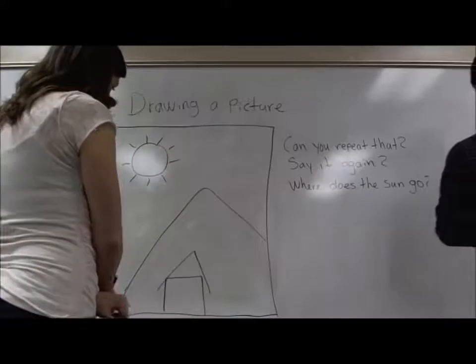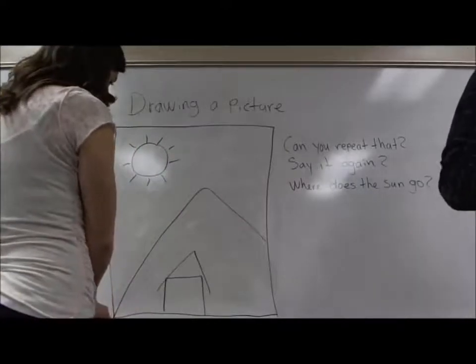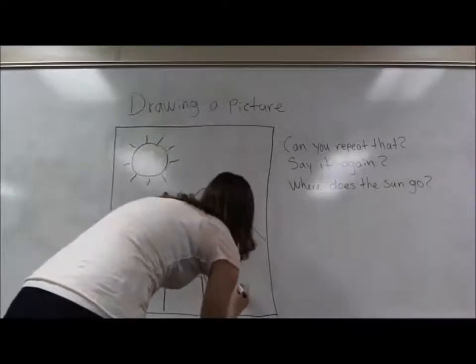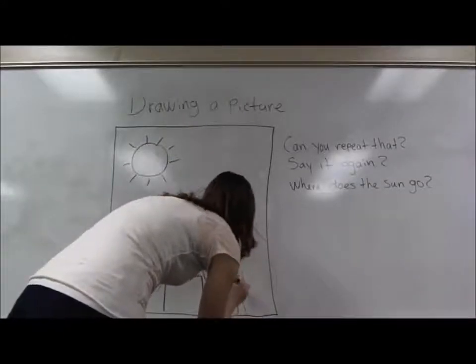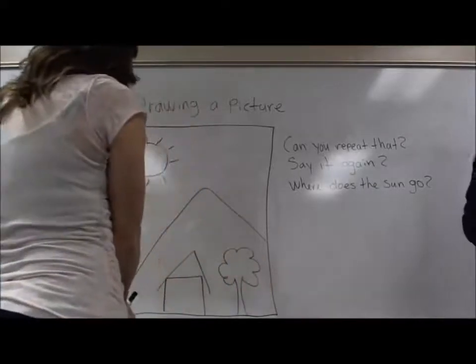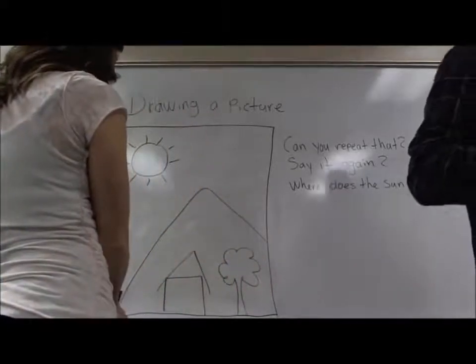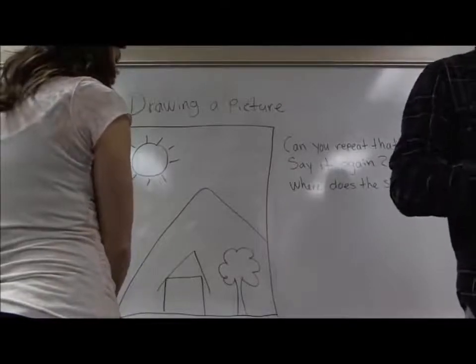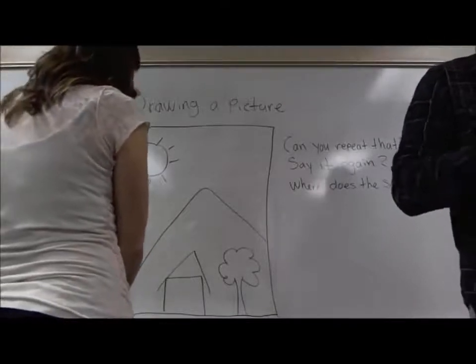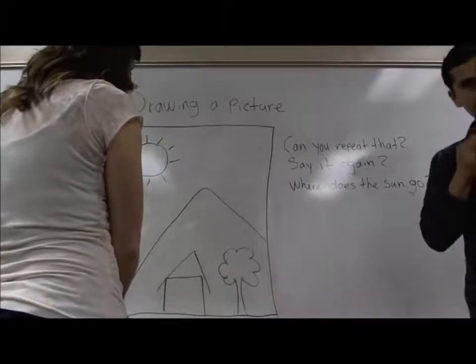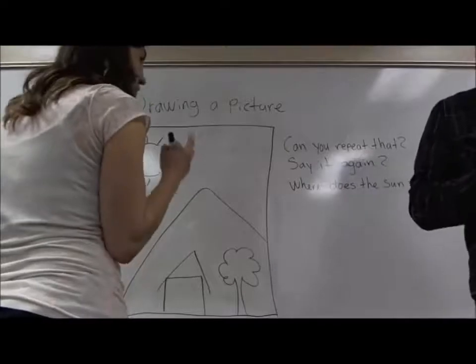Okay? Now, next to the house, you will draw a tree. Okay? And finally, under the tree, you will draw 2 children playing with a ball. 3 children?